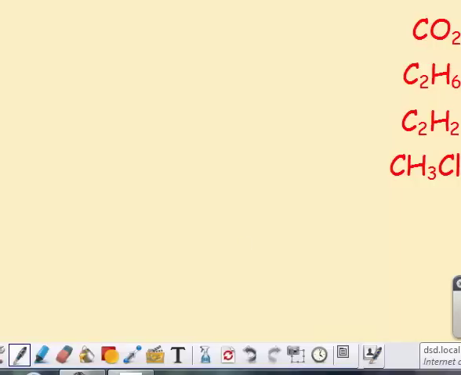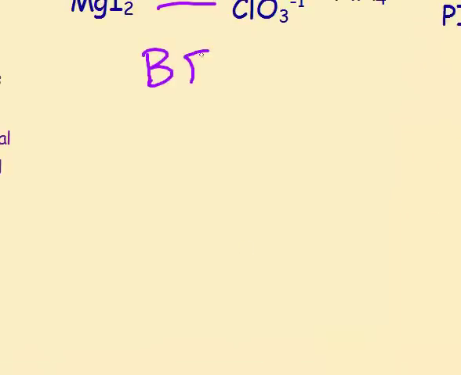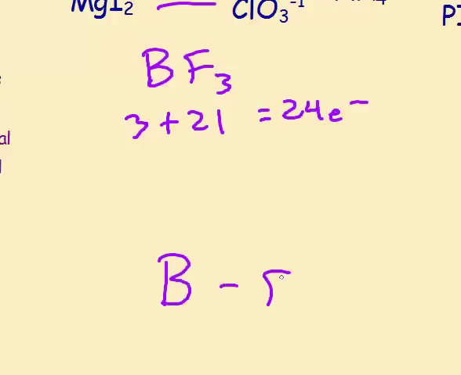All right, so BF3. Boron has 3 dots, and fluorine 21 dots. Why? Group 17, 7 times 3 is 21, so I have 24 electrons. Boron in the middle. Attach the fluorines. Finish the octet of the fluorines. I've used up 24 electrons. I had 24 electrons. There's no extra ones to go around boron.